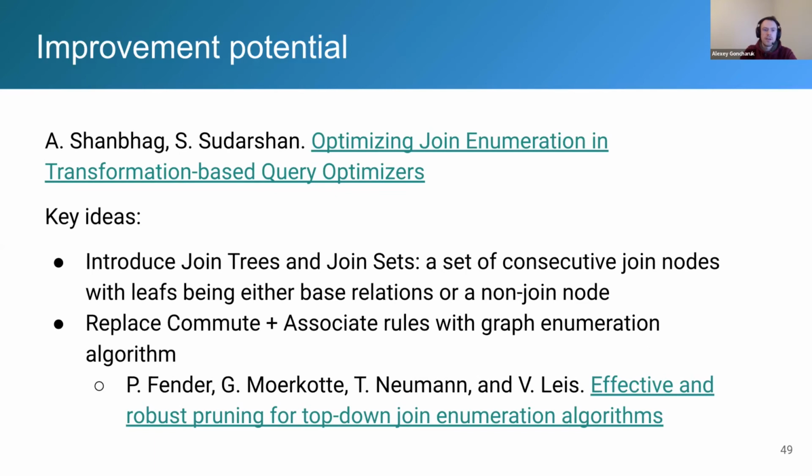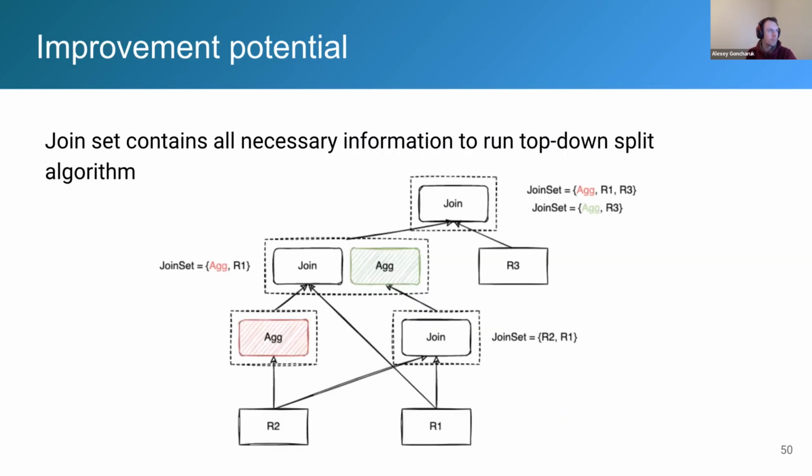And the second piece of this idea is to use a topology-aware top-down join enumeration algorithm when we execute this rule. So essentially what we do is we replace those generic commute and associate rules with a custom rule that does this graph-aware exploration.